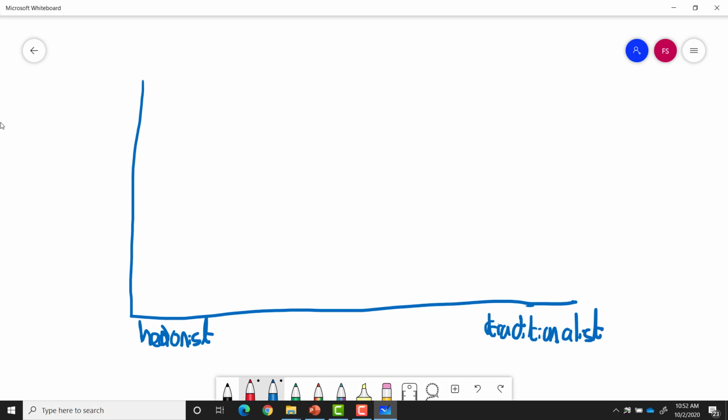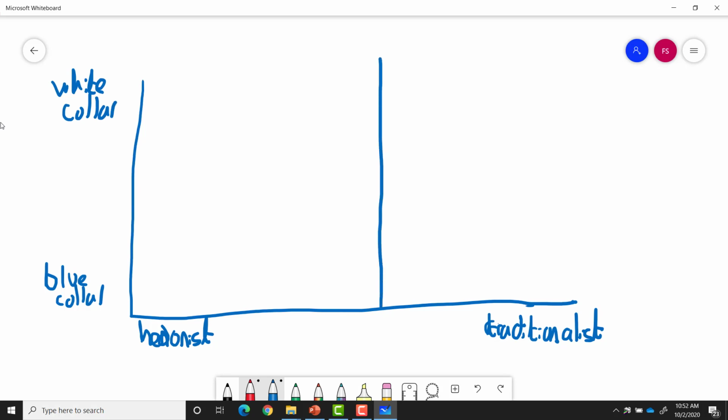And then we're looking at what sort of jobs these people have, from blue collar all the way up to white collar. So in terms of their lifestyles and their feelings, we're segmenting these people.